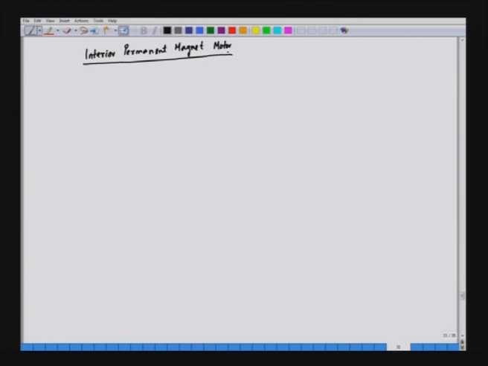So, we have the rotor here, and we are again talking about an equivalent 4-pole structure. So, we have the magnets which are buried inside the rotor.